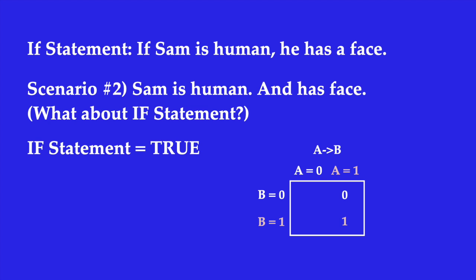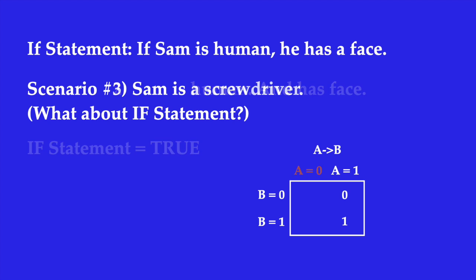So the A equals 1 column makes sense, doesn't it? But what about the A equals 0 column? In scenario number 3, Sam isn't human. Let's say he's a screwdriver. Since Sam doesn't have a face, does that make our if statement false? Let's look at that if sentence again.